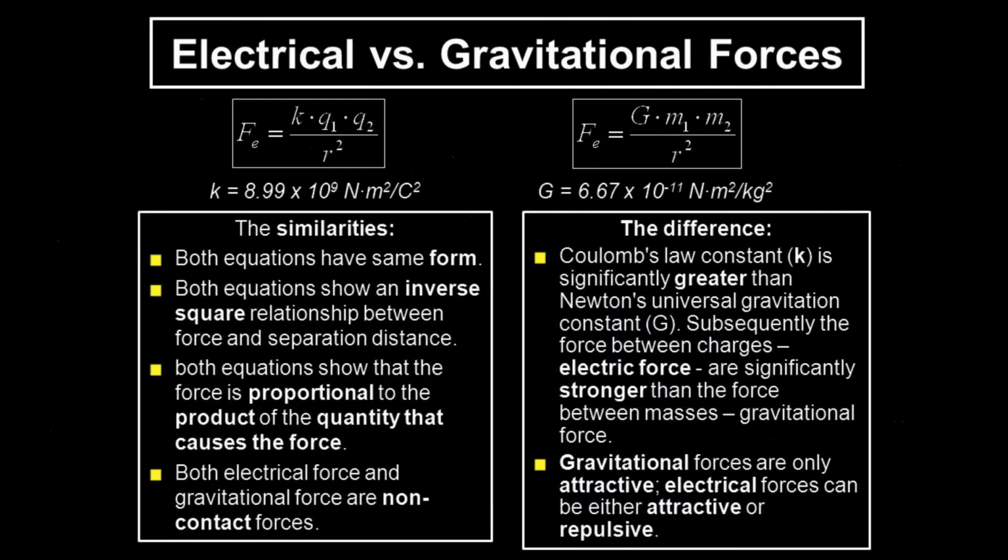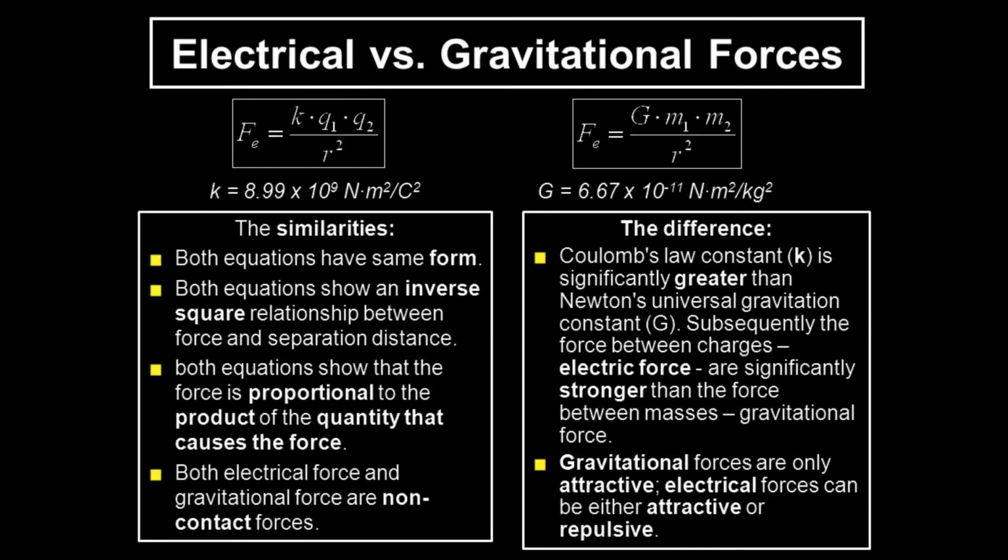Okay, let's compare electrical forces versus gravitational forces. There are some similarities and some differences you can see on the screen. The formula is in the same form, where there is one constant, there are two charges in electricity, and there are two masses in gravitational force, and the denominator is the radius. So what are the similarities?